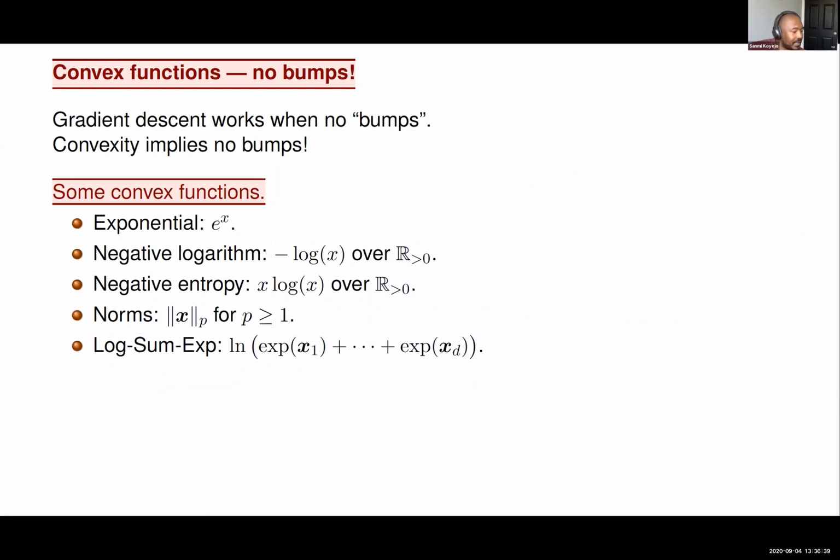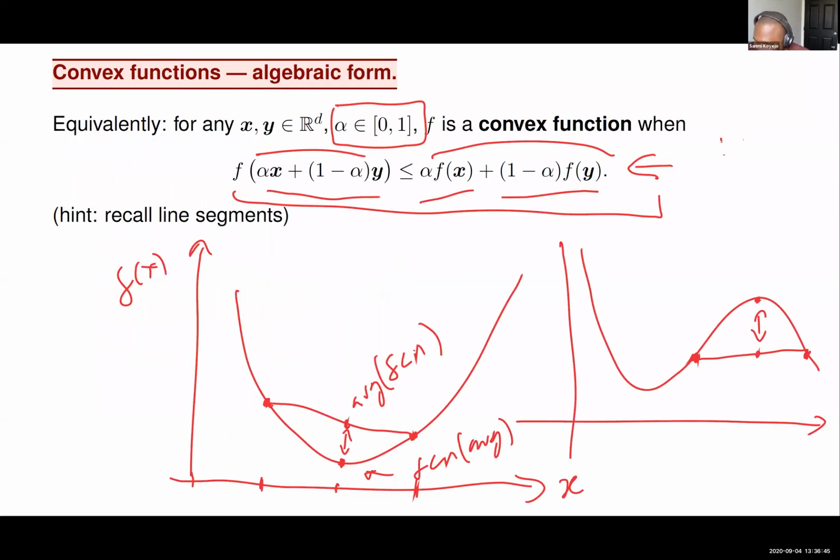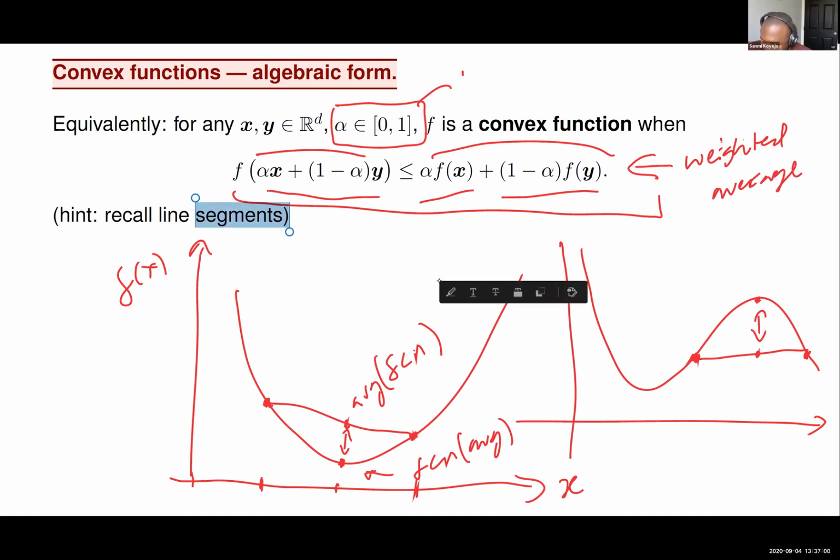The question of average. That's a good question. So this is a weighted average. Let me just write it here. Weighted average. As I change alpha, I go between, so this is alpha equals 1, alpha equals 0.